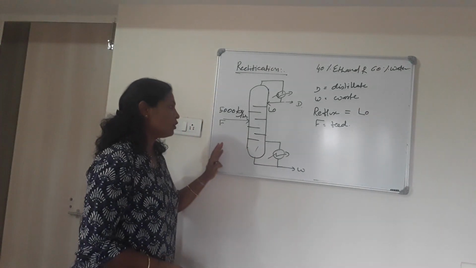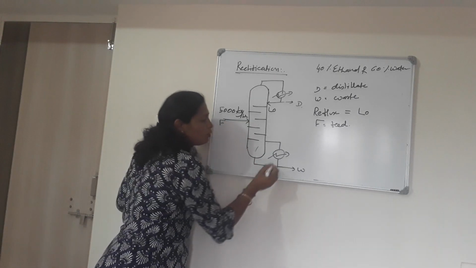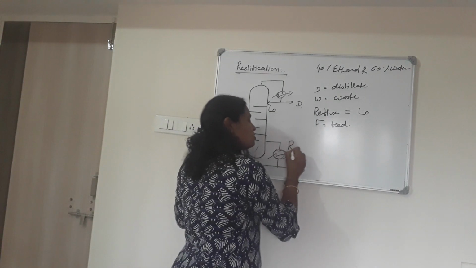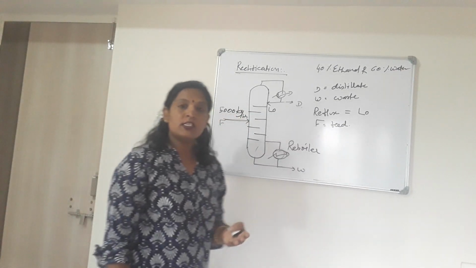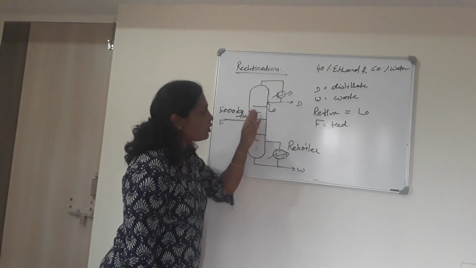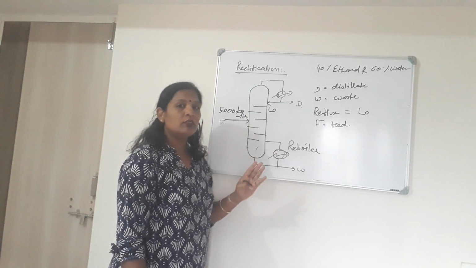So after charging this mixture, we have to heat the mixture, and for that purpose what are we using? Reboiler. Reboiler is a device which heats this mixture. Vapor is generated, vapor will go up and liquid will come down. Why does liquid come down?